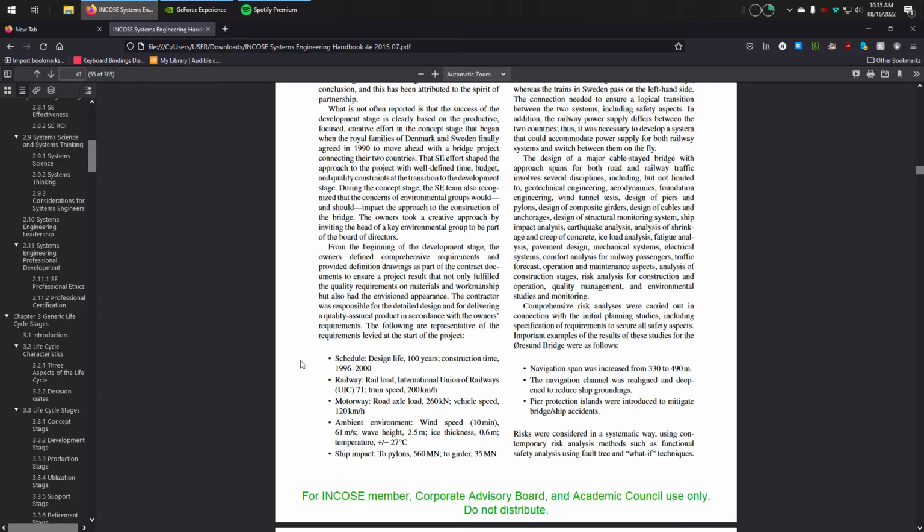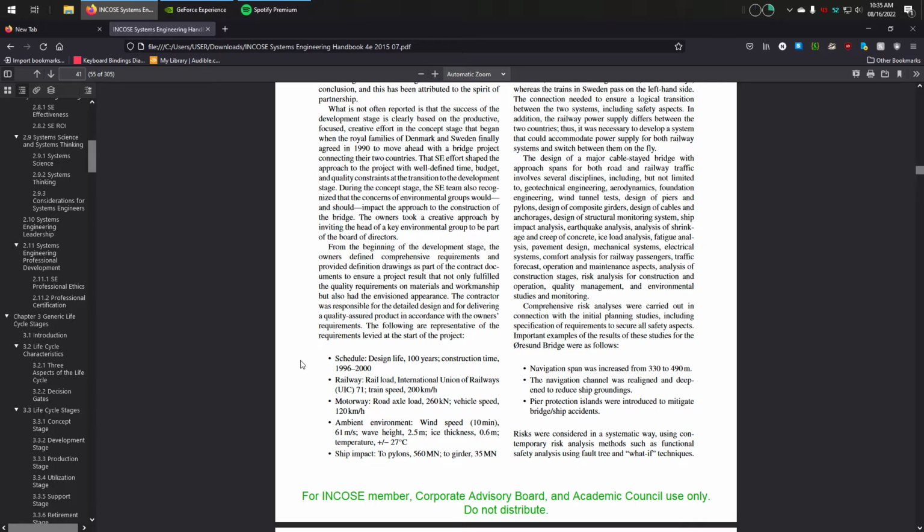Schedule. Design life, 100 years. Construction time, 1996 to 2000. Railway. A railroad, International Union of Railways, UIC 71, with a train speed of 200 kilometers an hour. The motorway. A road axle load of 260 kilonewtons at a vehicle speed of 120 kilometers an hour.